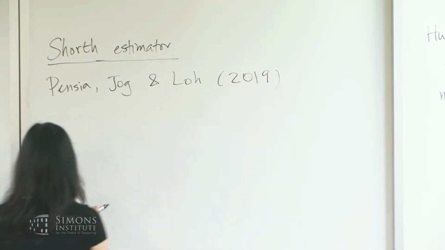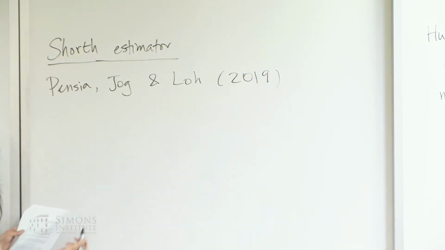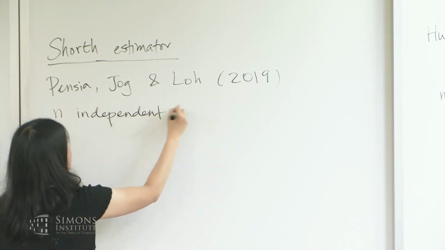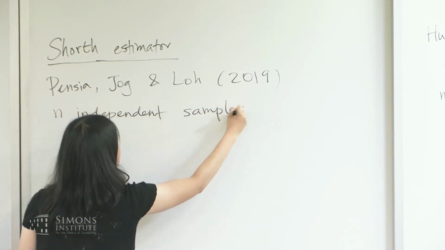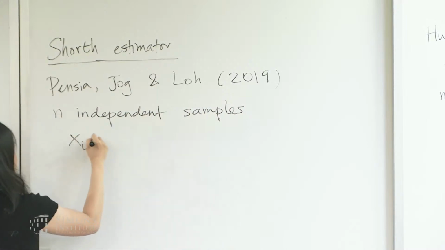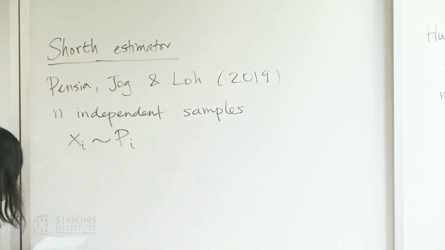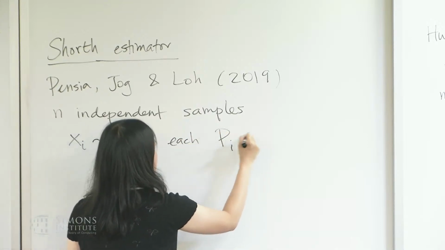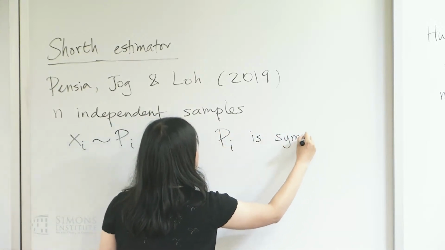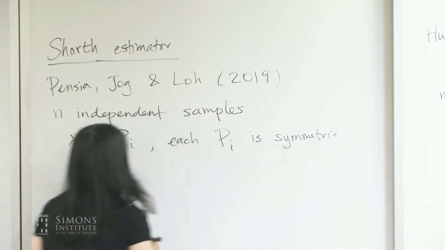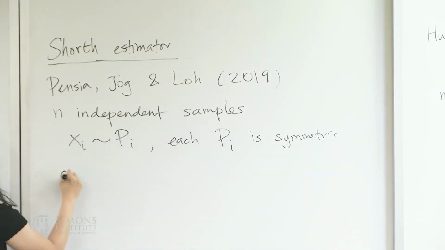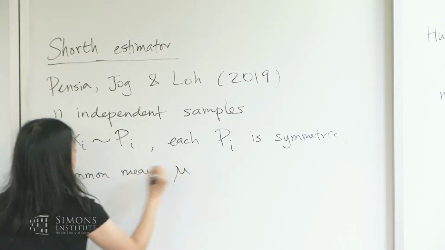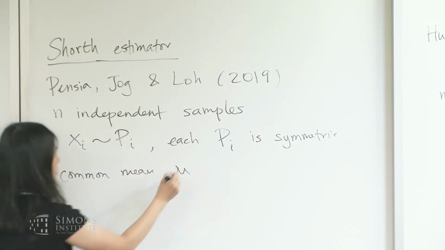And the setting we were looking at was where you have n independent samples. Xi comes from some distribution pi, where each pi is symmetric, and there's a common mean mu, let's call it mu star.